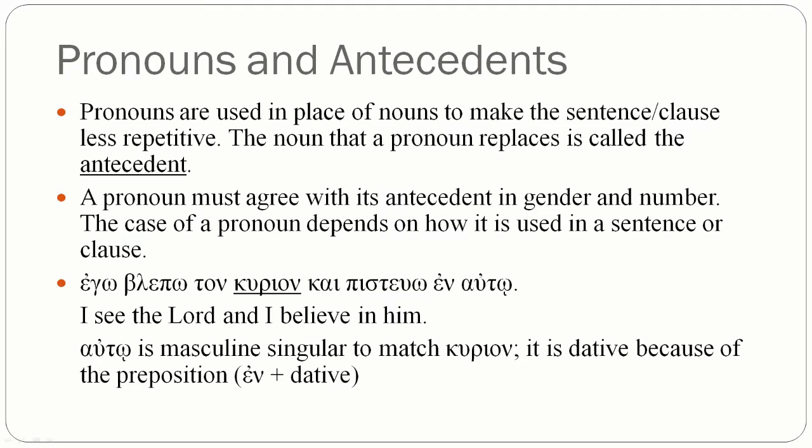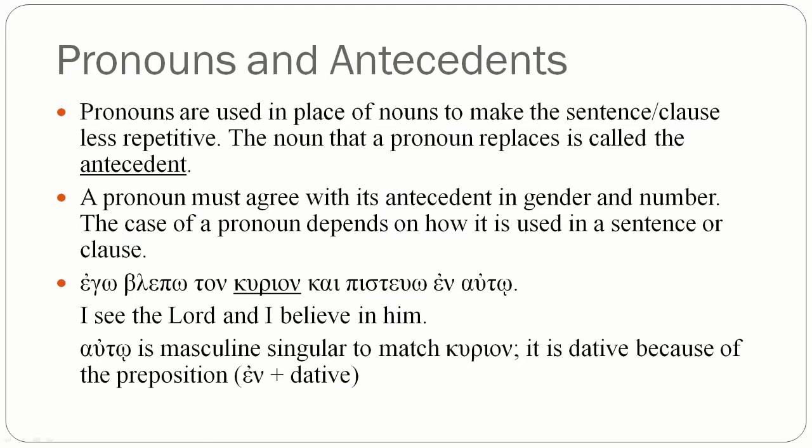Therefore, when we get to this sentence, why is auto in the case that it is? Okay, kurion is the object of blepo, right? Therefore, that's why it's accusative. Ego blepo ton kurion. I see the Lord.